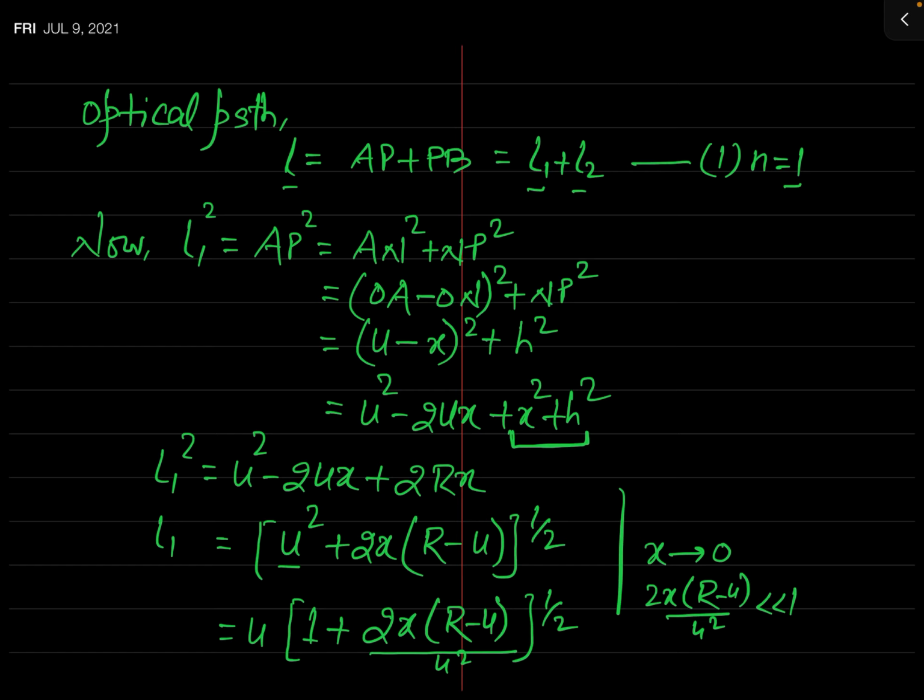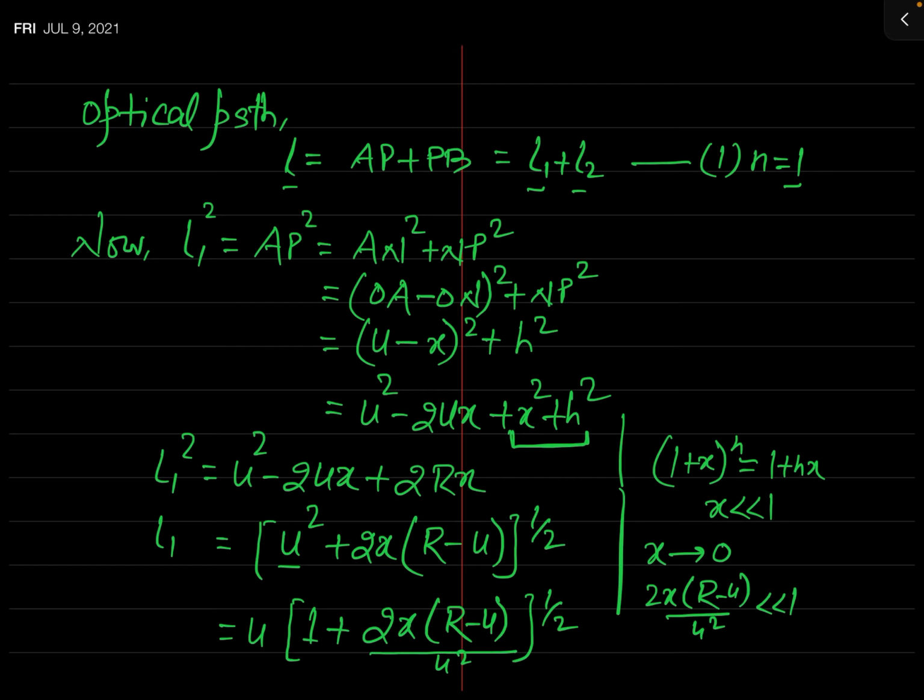And so you have definitely studied in binomial expansion that 1 plus x to the power n is simply equal to 1 plus nx, but only when x is much smaller than 1. This is actually called first approximation.